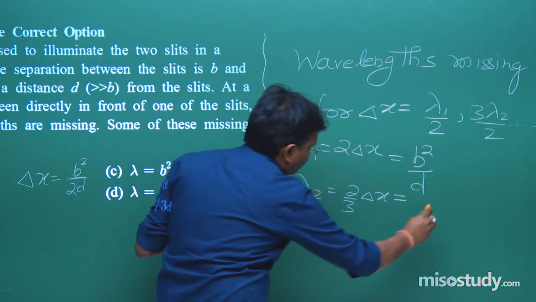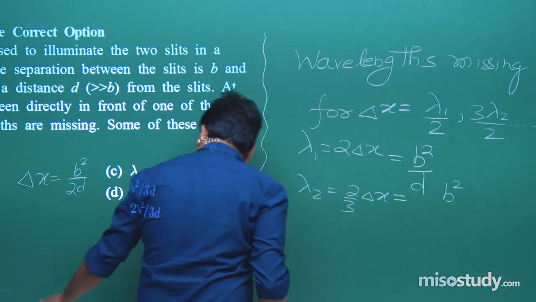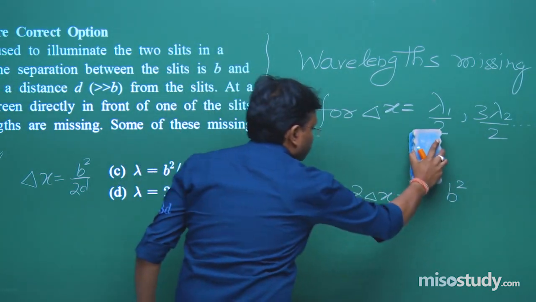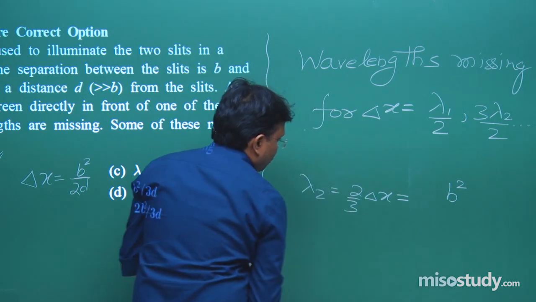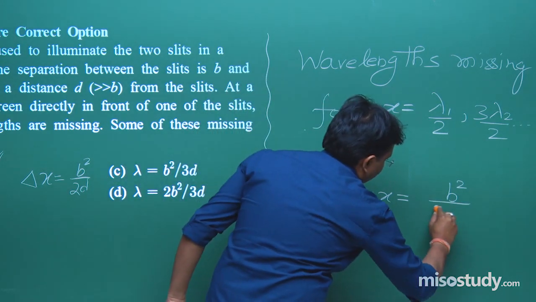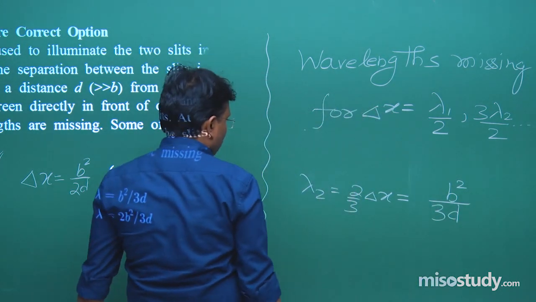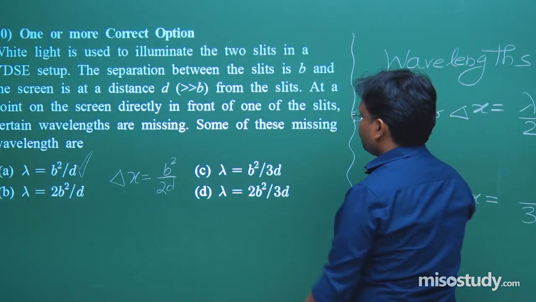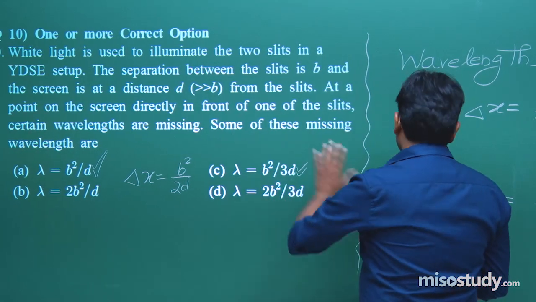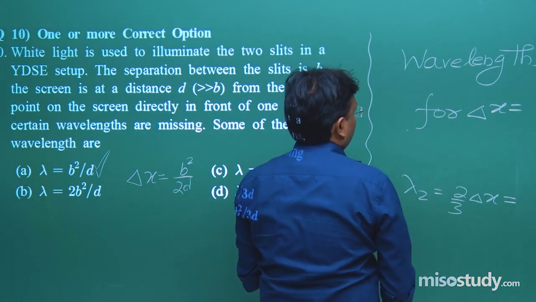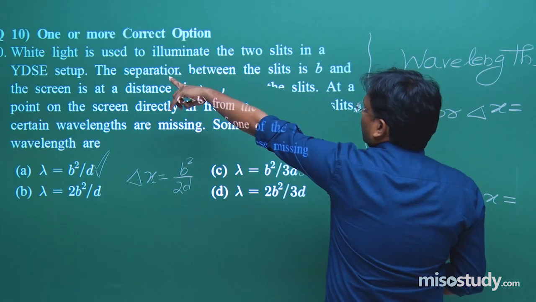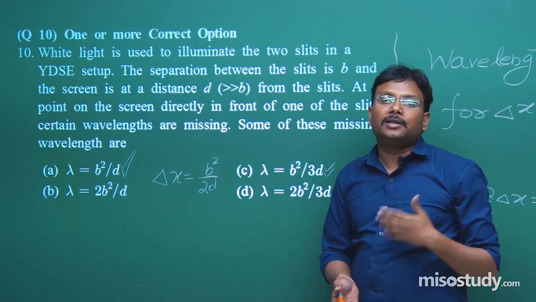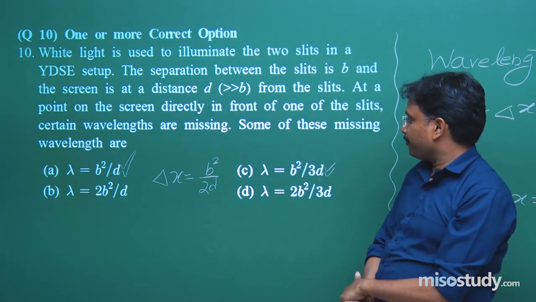It will give you B square upon 3d, that is B square upon 3d. C is correct. So, A is correct and C is correct. So, these two options are correct. That is why I placed this question in the category of one or more than one correct options.